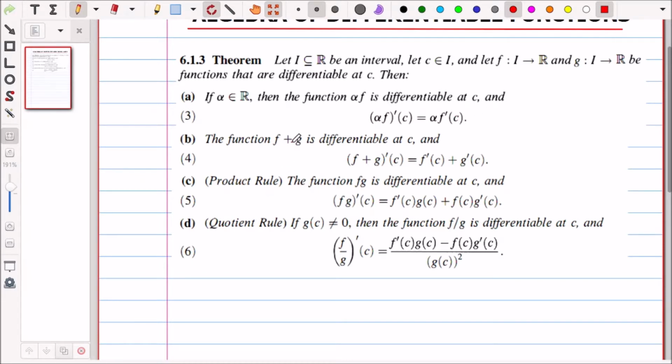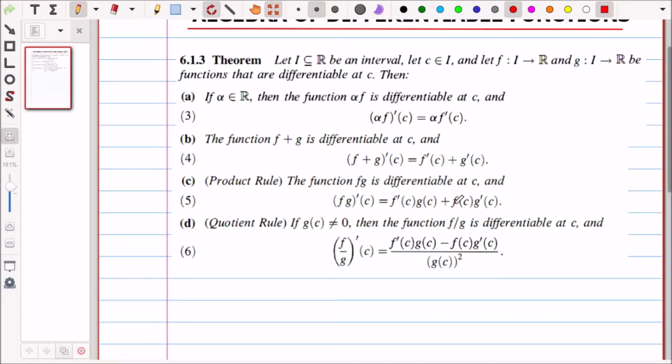Similarly, the sum of two differentiable functions is differentiable, and the derivative is given by the sum of the derivatives of the two functions f and g, right? And then the product rule: if we have two functions which are differentiable, then their product is differentiable, and the derivative of the product is nothing but the derivative of the first function multiplied by the second function plus the derivative of the second function multiplied by the first function.